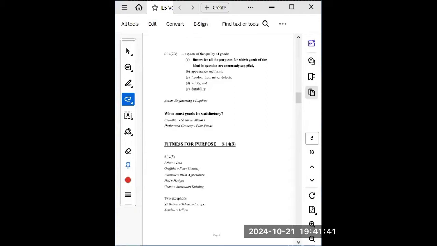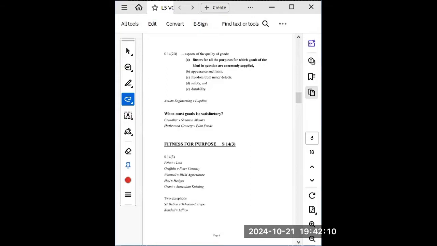I need a pair of shoes suitable for that. What the shopkeeper sells me is a pair of shoes with 6-inch heels. Of course, it breaks when I go mountaineering. I have expressly made it known to the shopkeeper why I need the goods. So if it is not suitable for that particular purpose, the shopkeeper is in breach of 14.3.